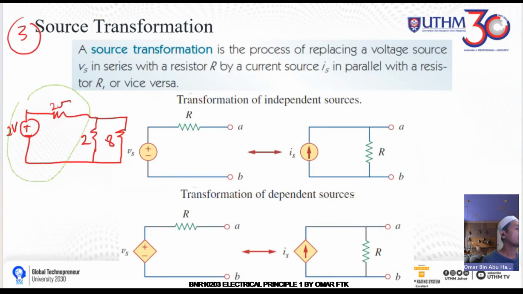This one you can transform into a current source. That's why we call this source transformation. This topic will help you in the Thevenin theorem and also the Norton theorem later on.